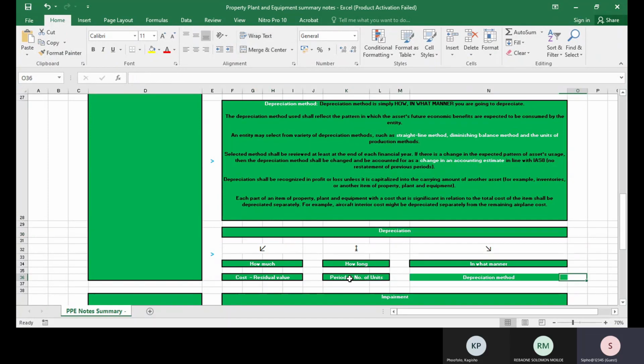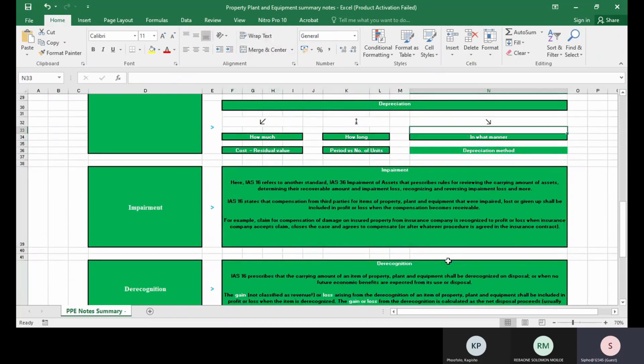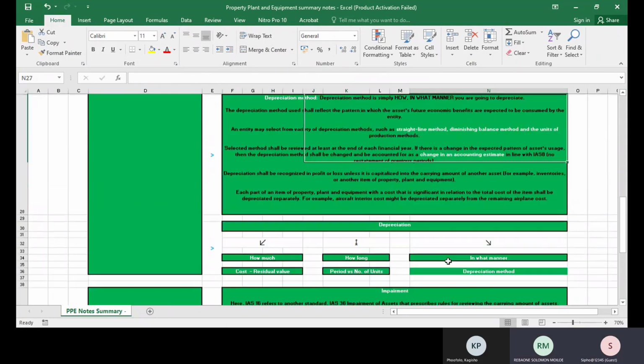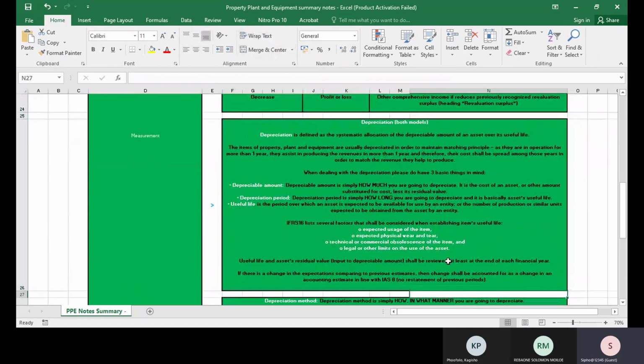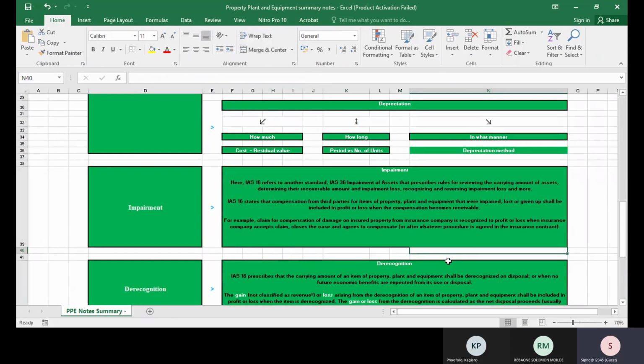And then in what manner, the depreciation method, meaning the cost model or what we call the revaluation model. So that's it for measurement. Once you know all of these things, you'll be fine. You'll never struggle with anything as far as property, plant and equipment is concerned.